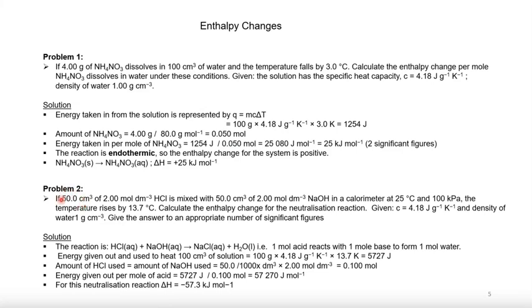In this problem, we take 50 cubic centimeters of 2 mole per dm cube hydrochloric acid mixed with 50 cubic centimeters of 2 mole per dm cube sodium hydroxide in a calorimeter at 25 degrees Celsius and 100 kilopascal.